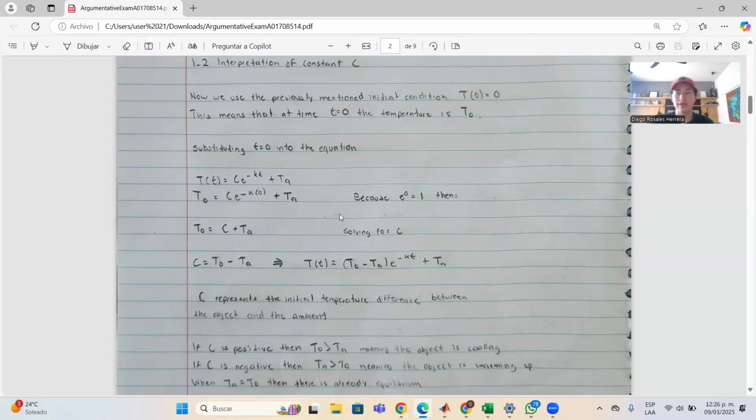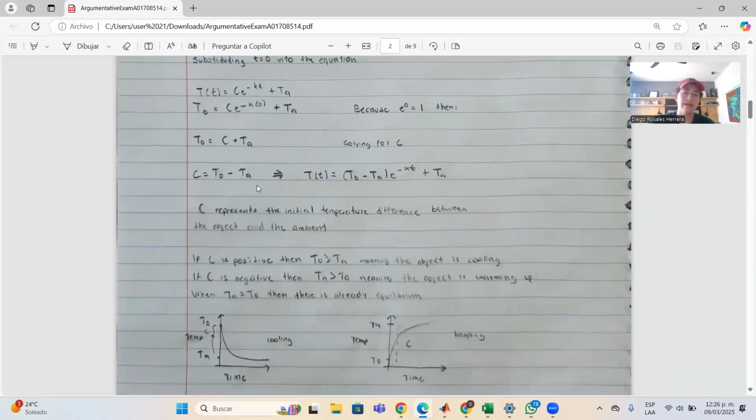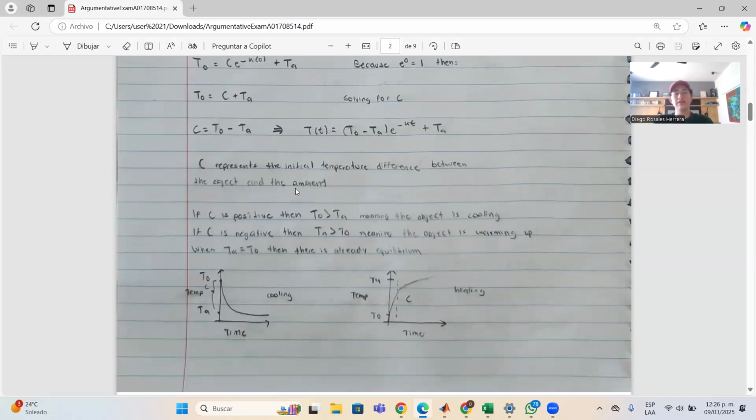Because everything to the power of 0 equals 1, we can rewrite this as T0 equals C plus Ta. Solving for C, we get C equals T0 minus Ta. This means that C is the difference between the initial temperature and the ambient temperature.